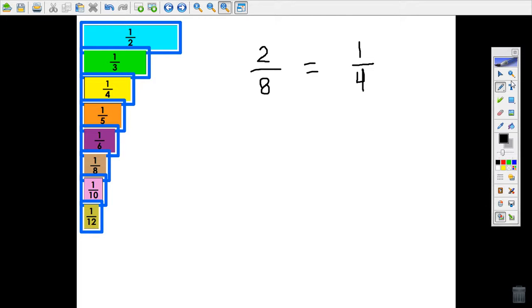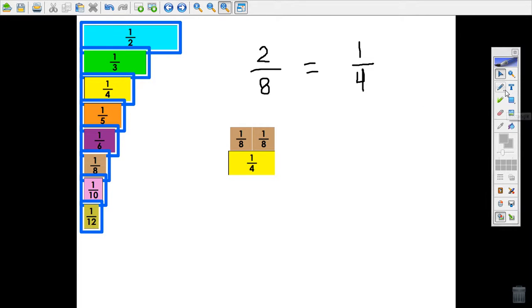Let me try and check using my fraction strips. So that means 2/8 would be 1/8 plus another eighth, 2/8. Is that the same size as 1/4? Yes, it sure is. It looks like they're a little off, but it's just because of how I cut them. So yes, they are equivalent.